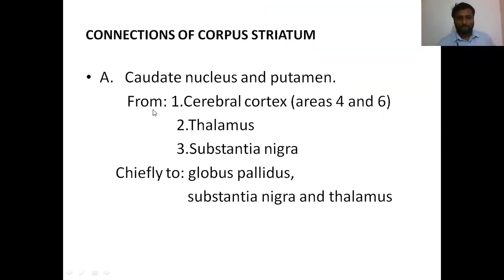So we are discussing the connections of the caudate nucleus and putamen. First, they get fibers from the cerebral cortex, thalamus, and substantia nigra. They give fibers to the globus pallidus, which is part of the lentiform nucleus, and to the substantia nigra and the thalamus.